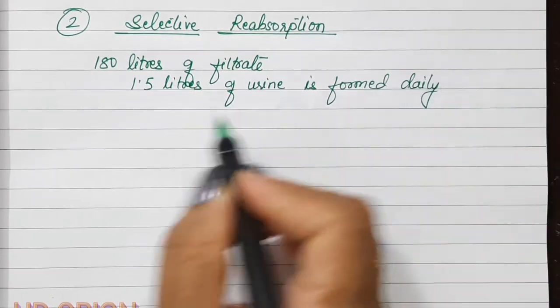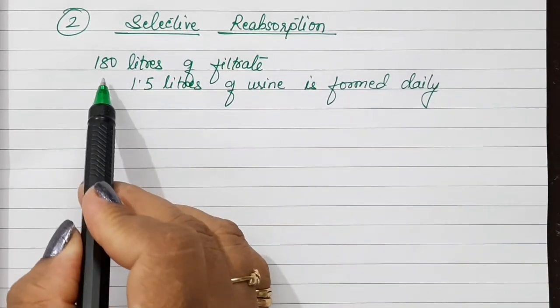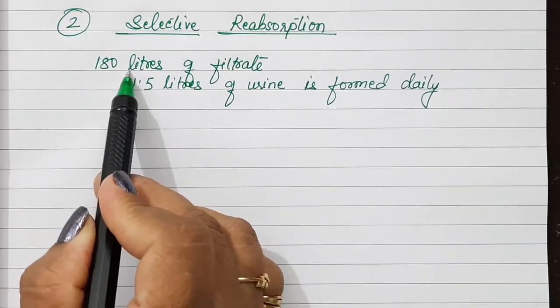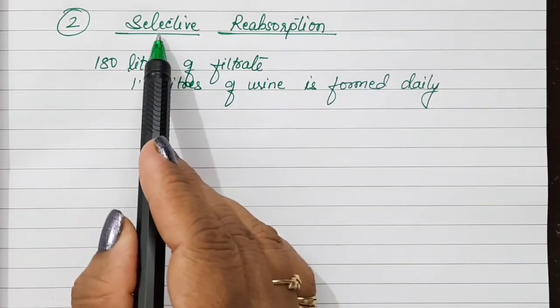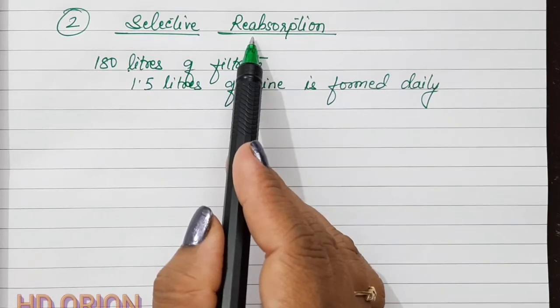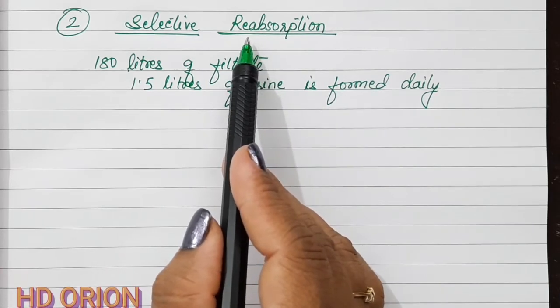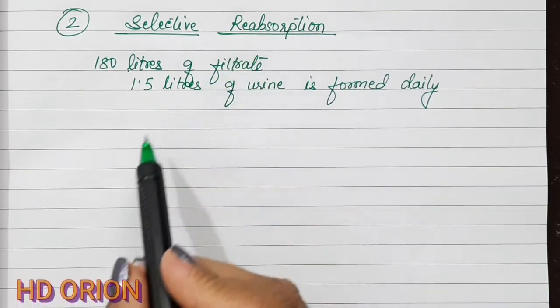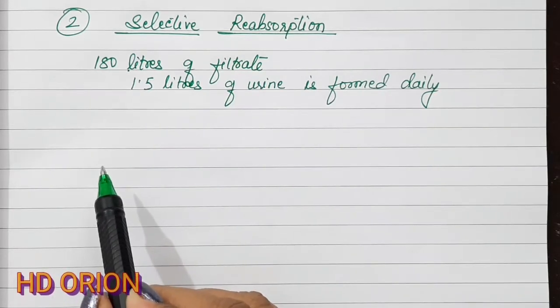So more than 80% of the filtrate is reabsorbed, and that is what we are going to study in this second step, selective reabsorption, in which all the useful substances are reabsorbed from the filtrate in the nephron.